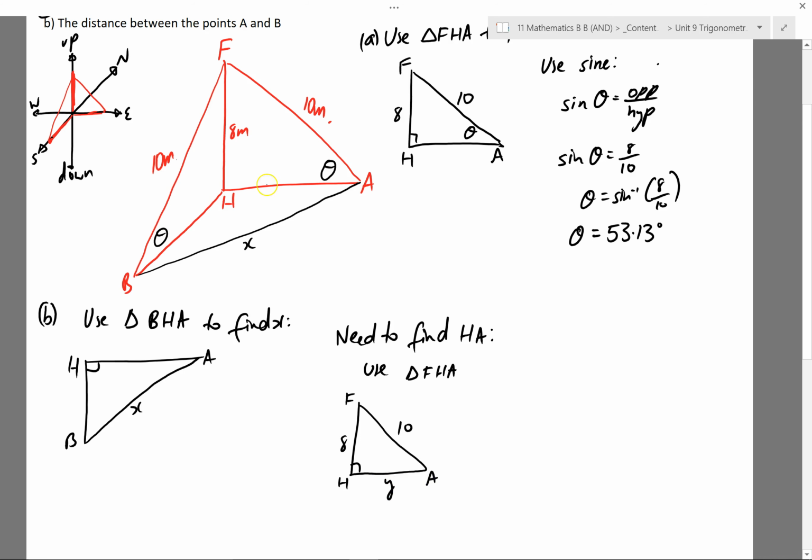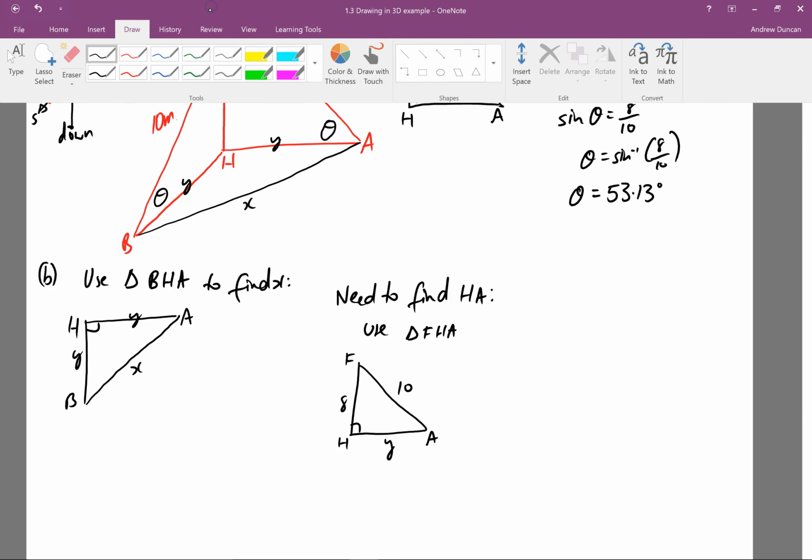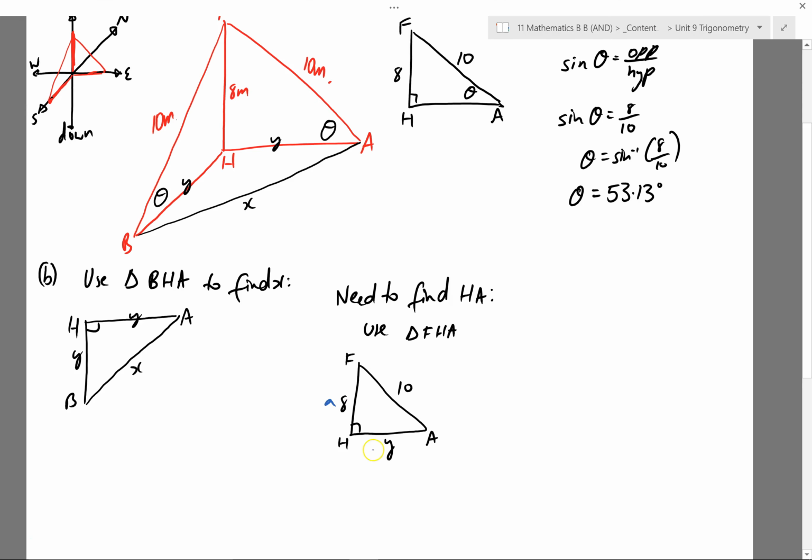I'll call it Y. So I know all of these distances are Y. To use Pythagoras here, in a different color, call this A, B, and C. I can go ahead and find that unknown side Y. So use Pythagoras. There's my rule, substitute in the values I know. 8 squared plus y squared equals 10 squared.